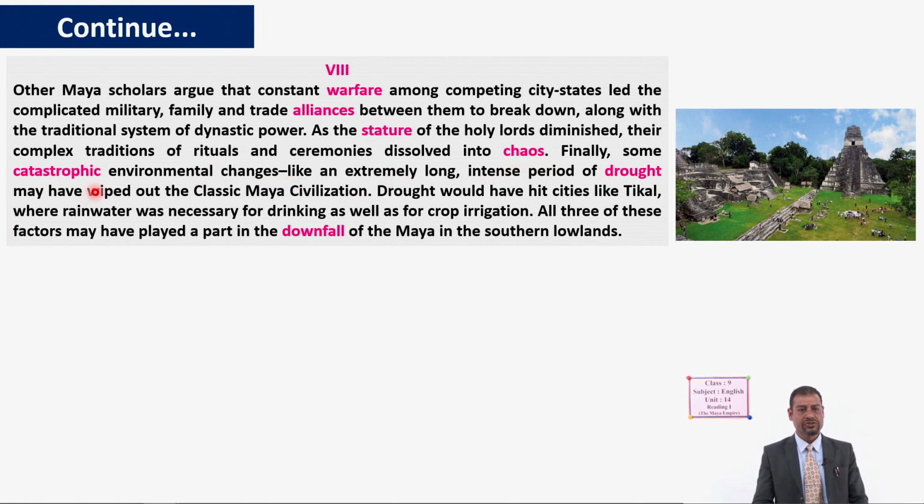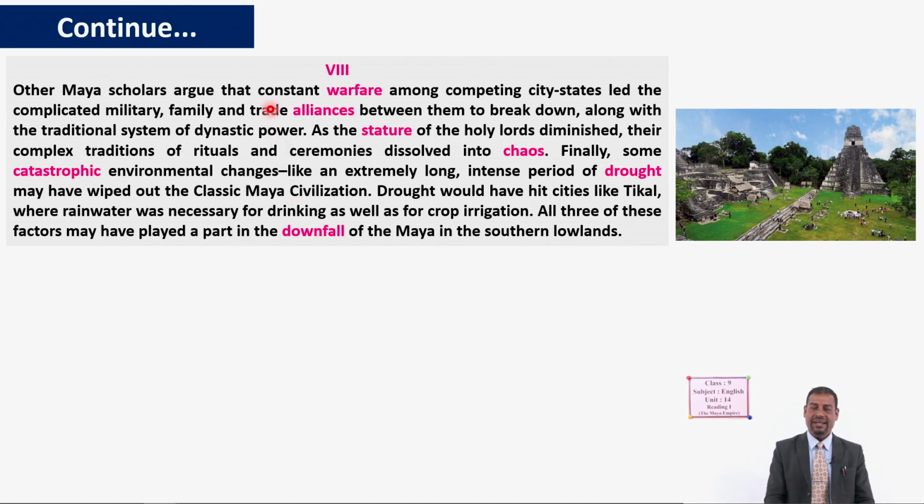Finally, some catastrophic environmental changes like an extremely long, intense period of drought may have wiped out the classic Maya civilization. Drought would have hit cities like Tikal, where rainwater was necessary for drinking as well as for crop irrigation. All three of these factors may have played a part in the downfall of the Maya in the southern lowlands.